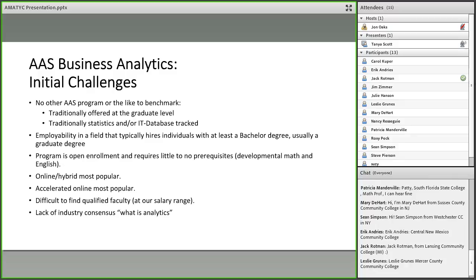And students are doing and touching data from day one, from our very first class. And that's been the very most important thing in developing a vision for the program, so that you can align your faculty with that vision, so that the students are learning the skill set consistently across the program.